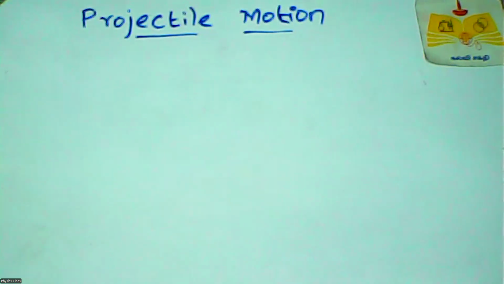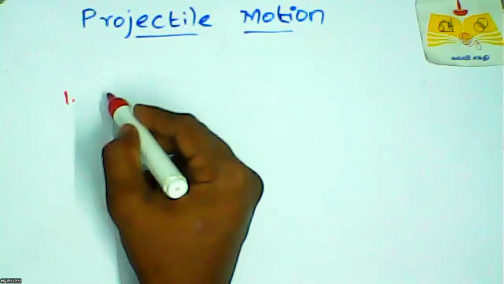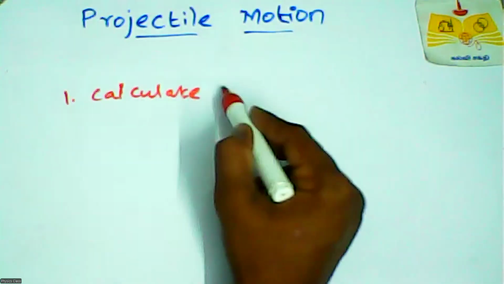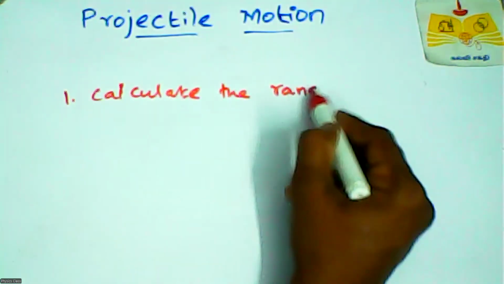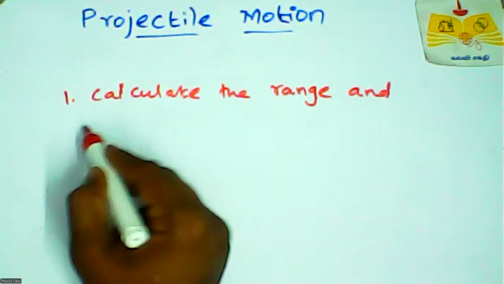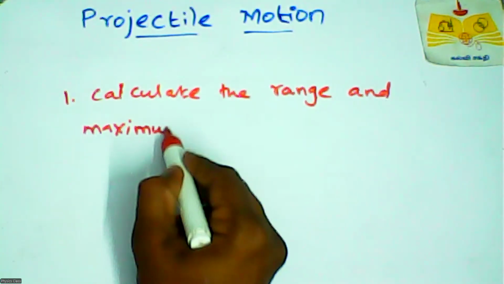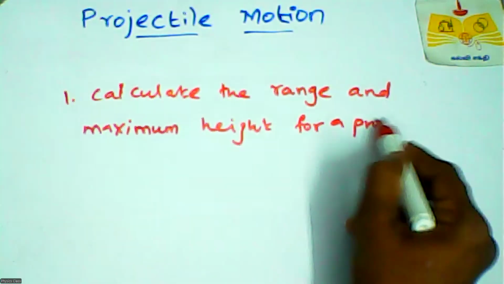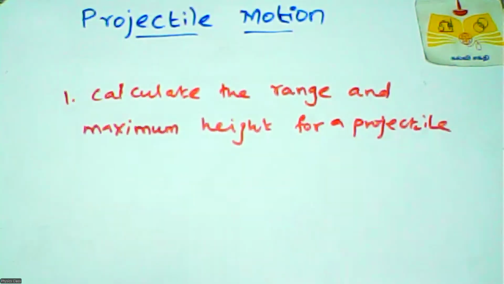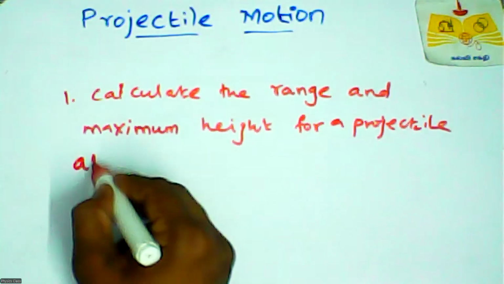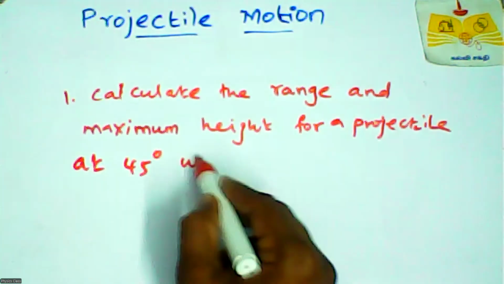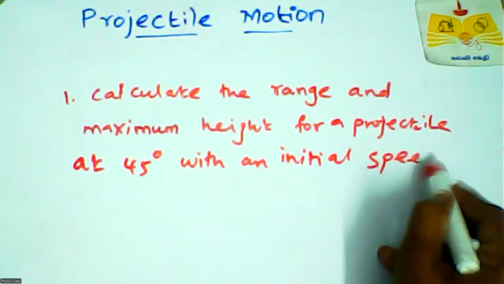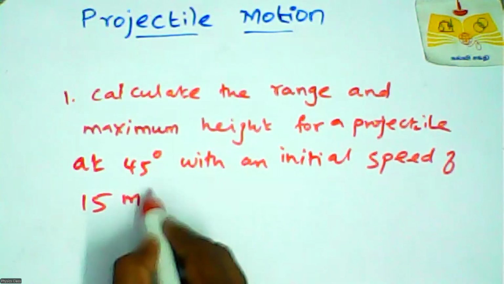please write it down for our homework. First one, calculate the range and maximum height for a projectile at 45° with an initial speed of 15 meter per second.